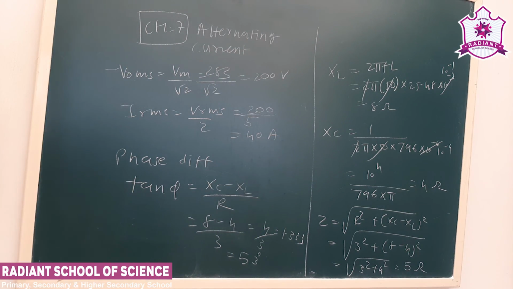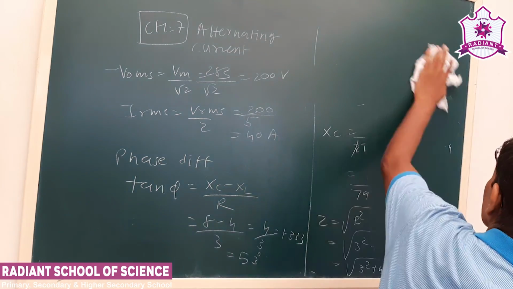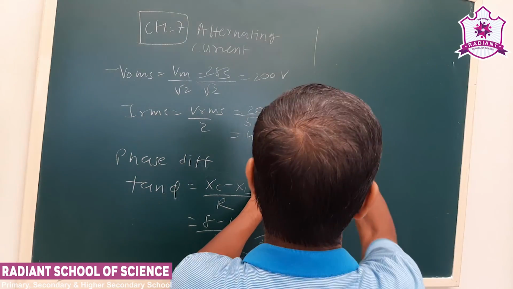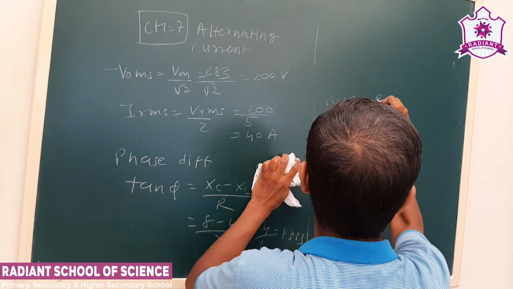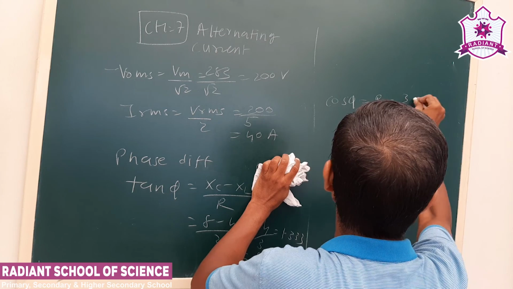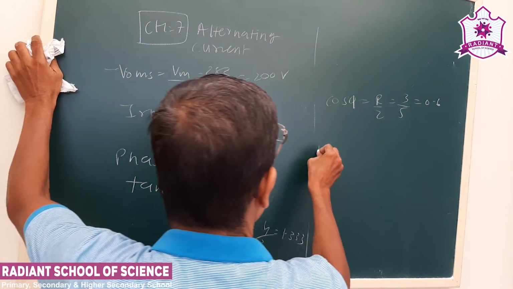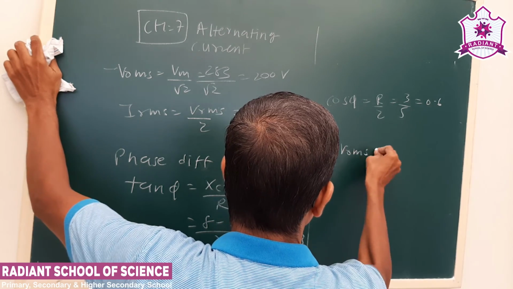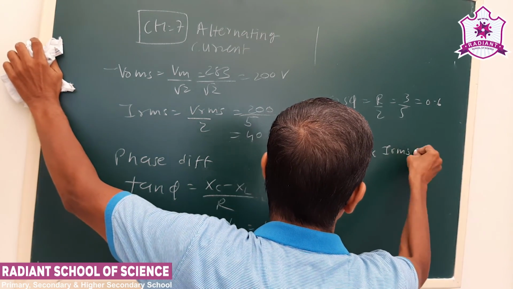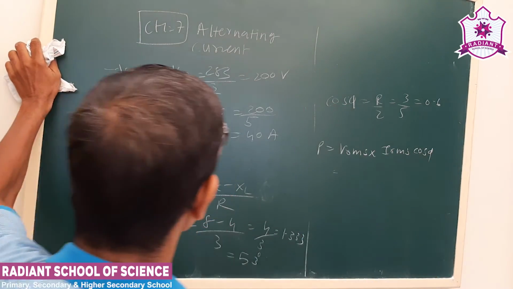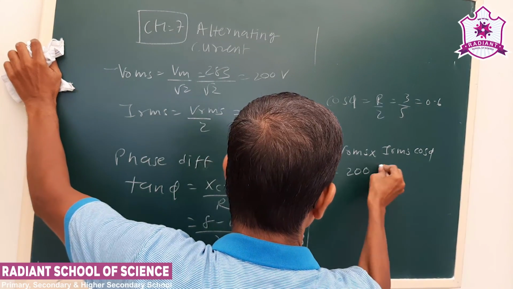Now see the power. See, cos phi is R by Z. The power in the circuit is VRMS, IRMS, cos phi. VRMS is 240.